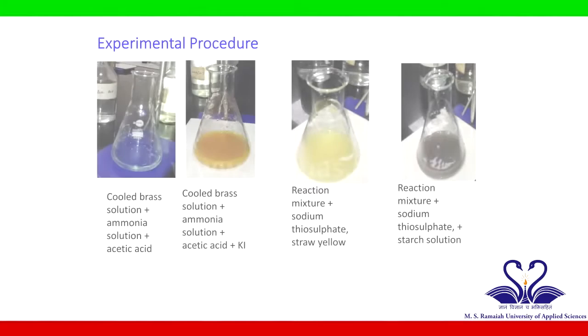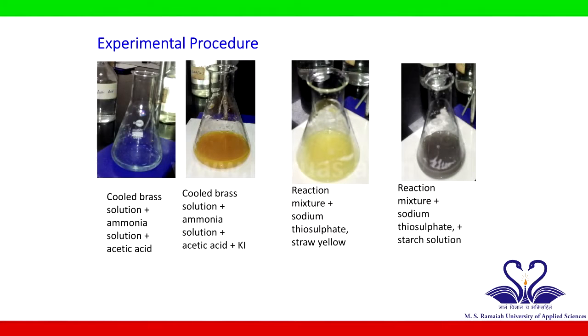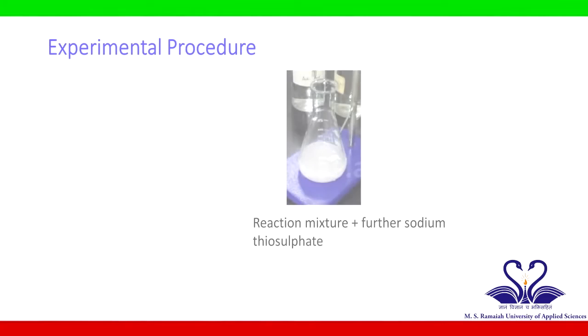Cooled brass solution plus ammonia solution and acetic acid. Plus potassium iodide. Reaction mixture plus sodium thiosulfate, straw yellow. Reaction mixture plus sodium thiosulfate plus starch solution. Reaction mixture plus further sodium thiosulfate.